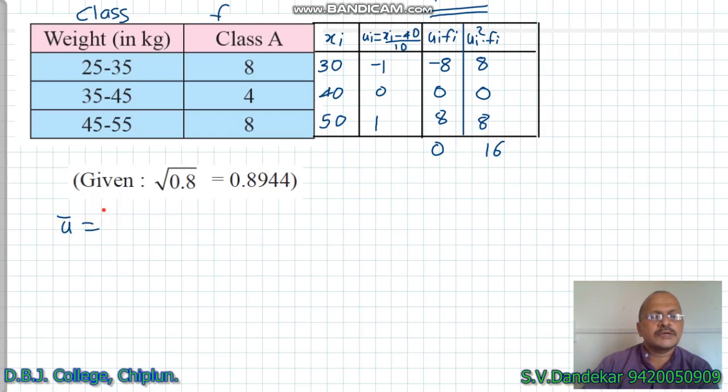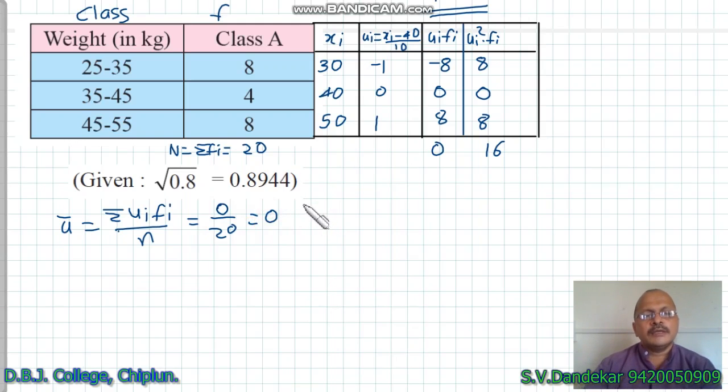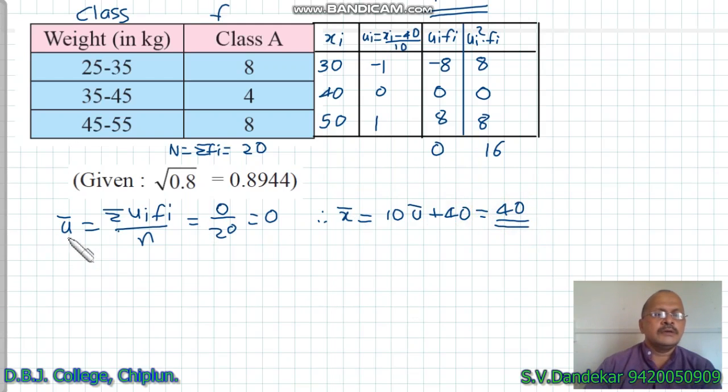So u bar is equal to summation ui into fi divided by n. This summation fi is n, it is equal to 20. This is 0 upon 20, 0. So u bar is 0, and therefore from this I can conclude that x bar is equal to 10 u bar plus 40. It is equal to 40. 40 is the mean of the variable x.